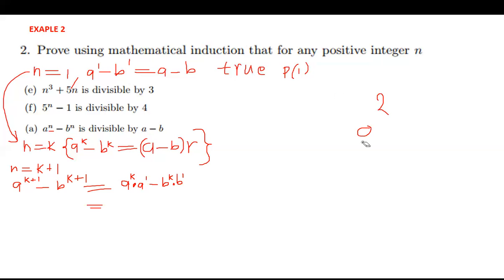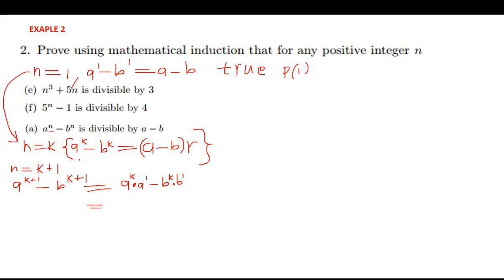So let us try to see a 0 that we can add to this, so that at least we have this factor in this given expression. So how can we add that? When I come to factorization, I'm supposed to remain with a to the power k, and then minus b to the power k.